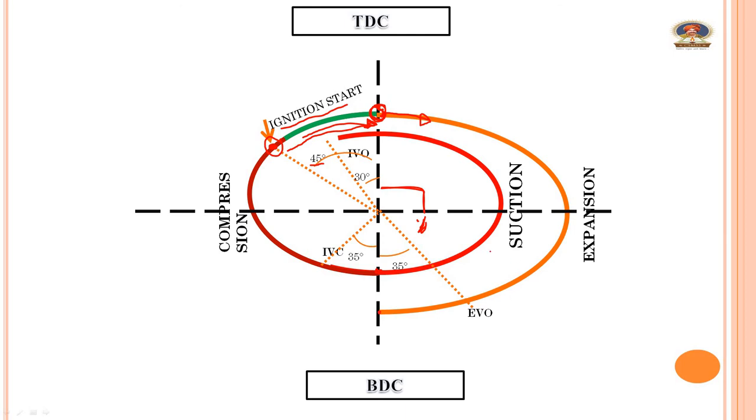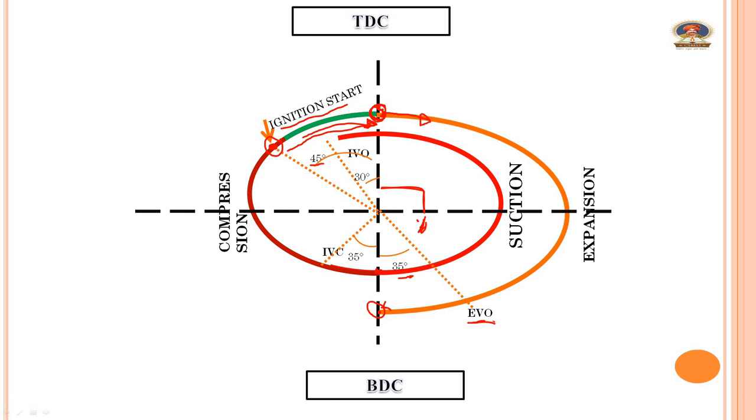So what will happen if we open the exhaust valve 35 degrees before the end of the expansion stroke? The pressure has already increased due to the burning of gases, so that high pressure will cause the burnt gases to rush out of the engine.